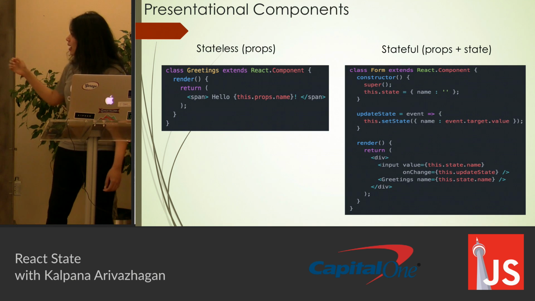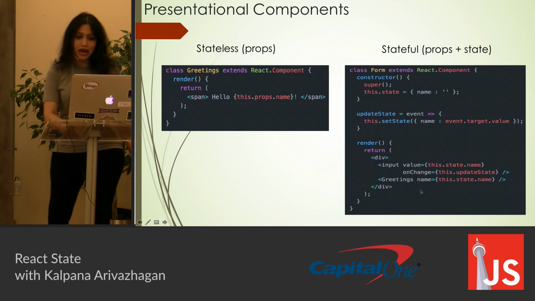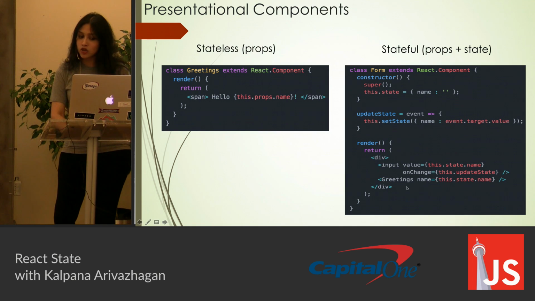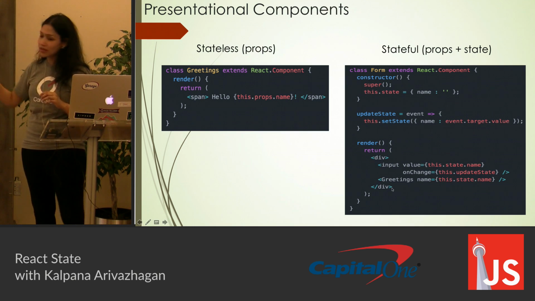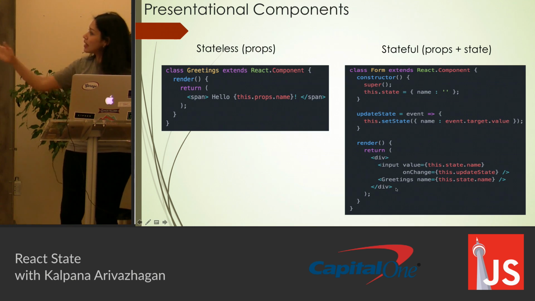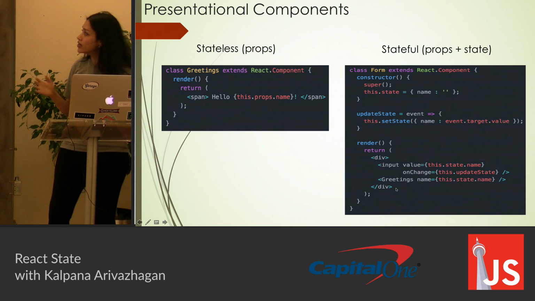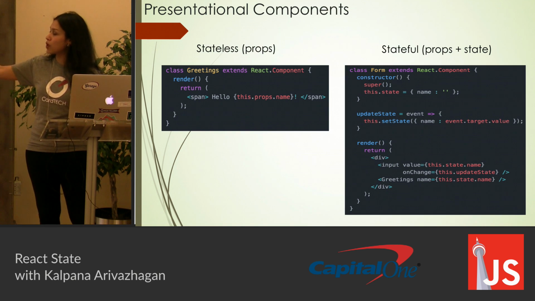When it comes here, we have the latest value, and that is going to be passed to this new component called greetings. I want you to focus on the second line now. From the left-hand side, we know that the greetings component is a presentational component, and it is expecting to receive a property called name from its parent.